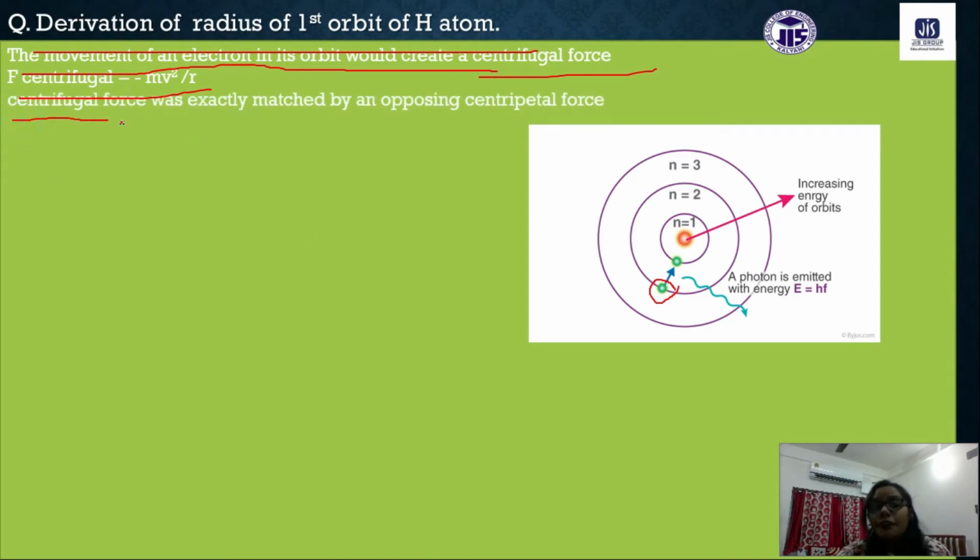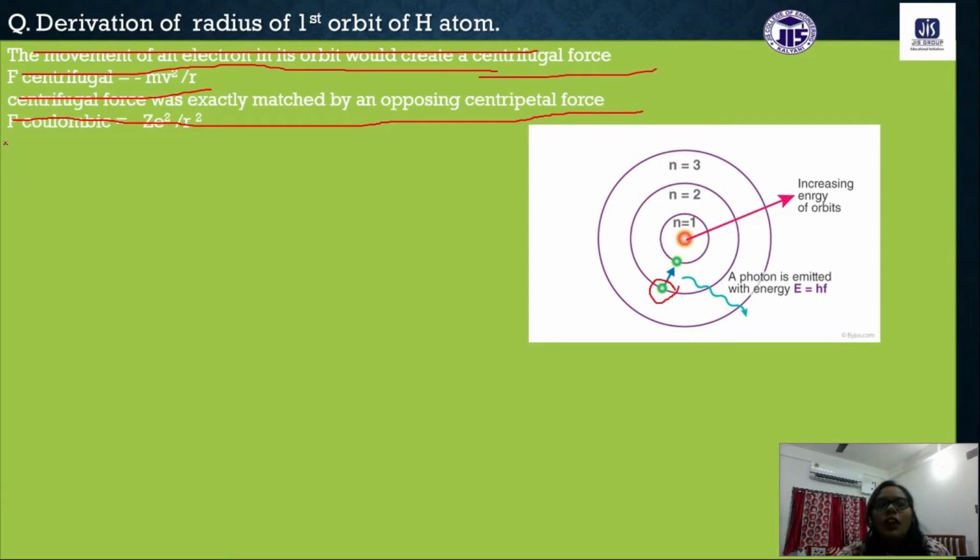Now, the centrifugal force is exactly matched by the opposite centripetal force, and that is why the electrons are stable in their orbit, continuously revolving around the nucleus, while the centrifugal force and the centripetal force will be similar, will be the same.